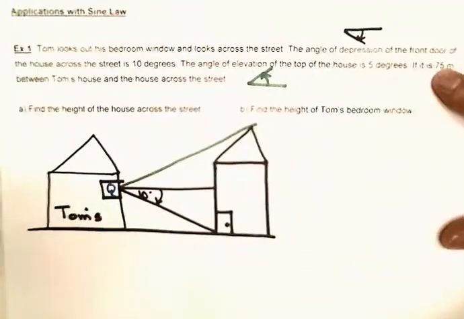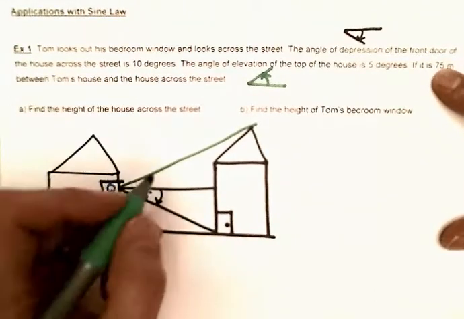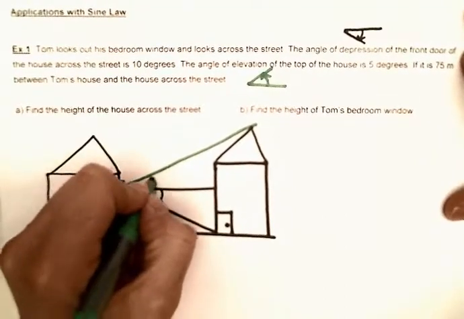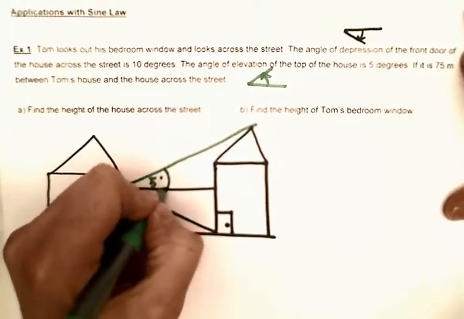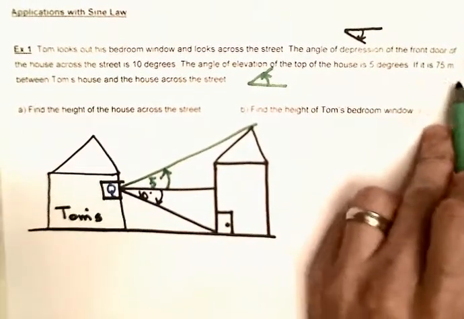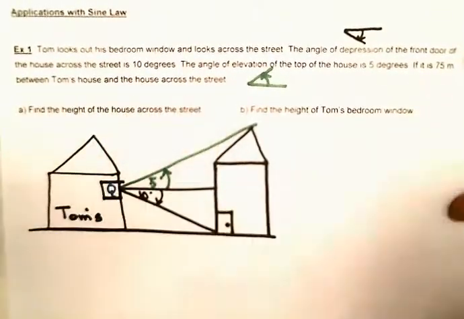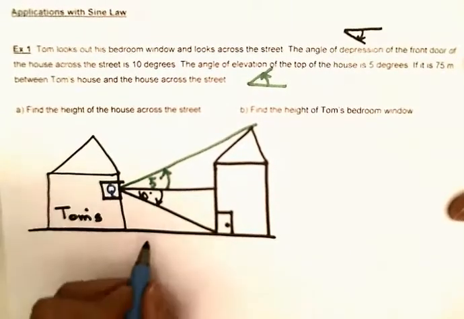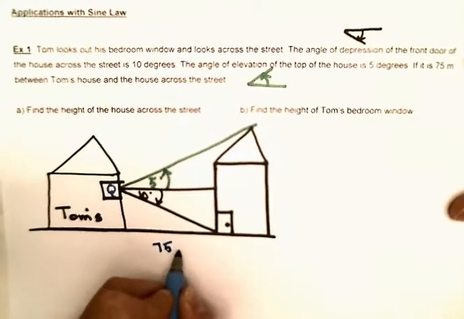When you're down, you're depressed, and elevating is to go up like an elevator goes up. And the elevation angle here is 5 degrees. The other piece of information, it's 75 meters between Tom's house and the house that is across the street. So from here to here, we know that that's 75 meters.